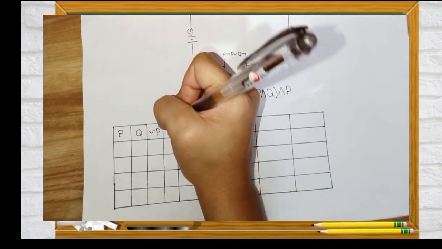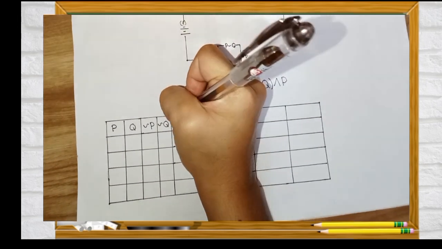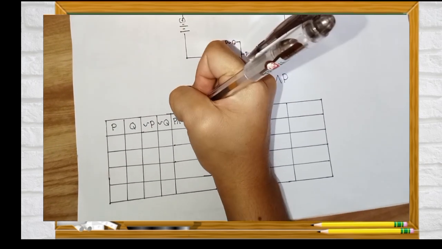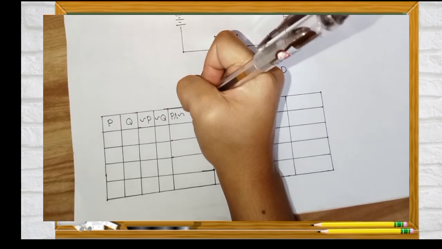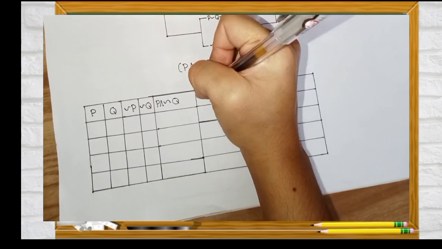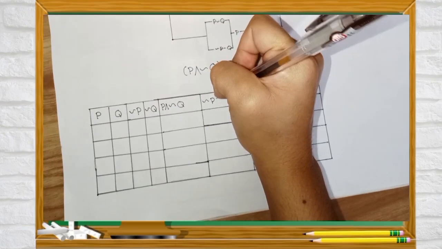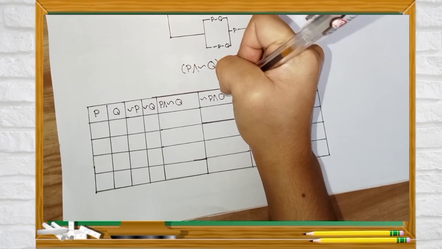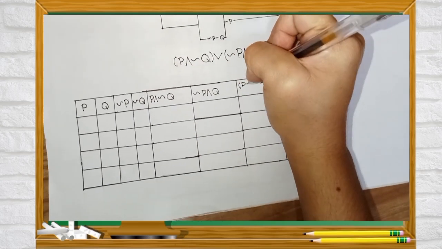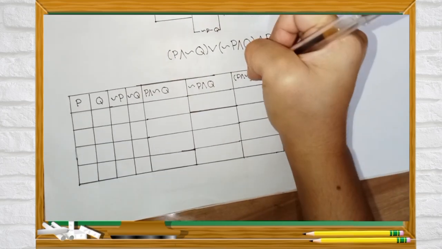The next is negation of Q. Then followed by P and negation of Q. Then next, negation of P and Q. So we'll write P and negation of Q, then close parenthesis, or negation of P and Q, then close parenthesis.